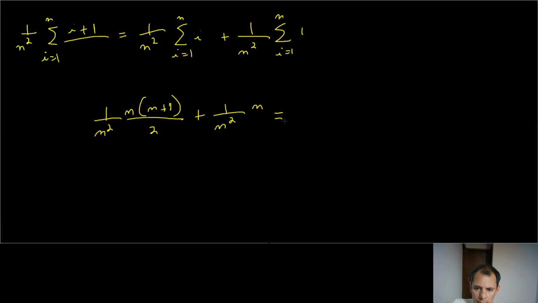Now, what is going to be this thing here? Well, this is going to be n squared plus n. So let's do this slowly, so we're not going to make any mistakes. n squared plus n, and you have a 2 here, okay? Plus n divided by n squared is just 1 divided by n. Okay, so n squared plus n, it's dividing this whole thing here.